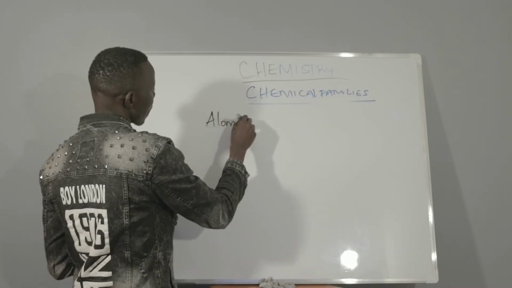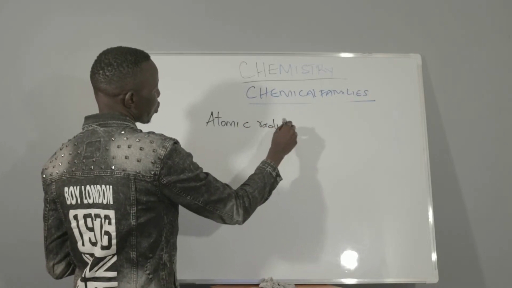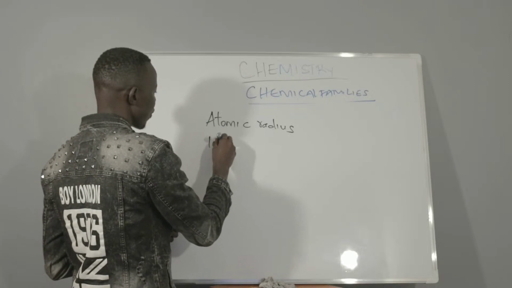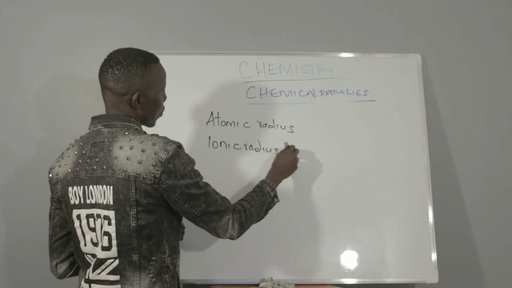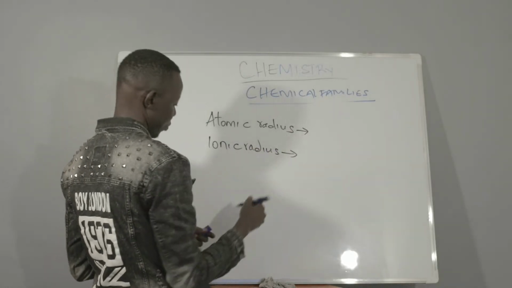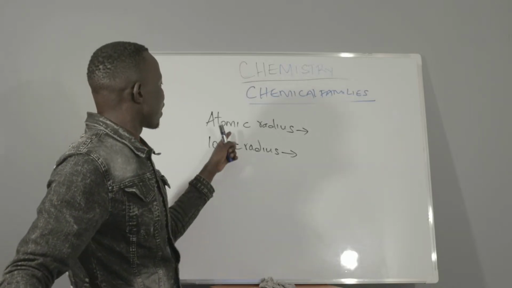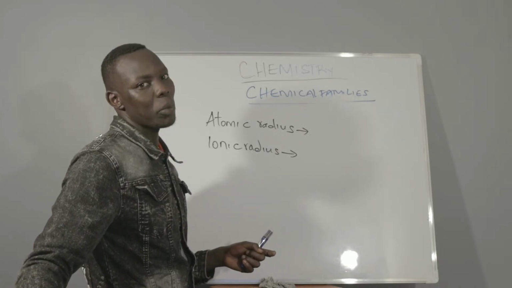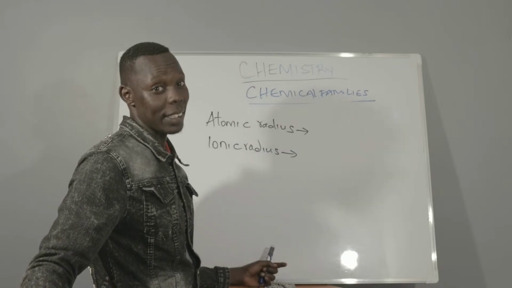Atomic radius. What will you say if you're told to define atomic radius, and what will you say if you're told to give ionic radius? The distance between the center of the nucleus and the outermost energy level of an atom is called atomic radius. I will repeat.